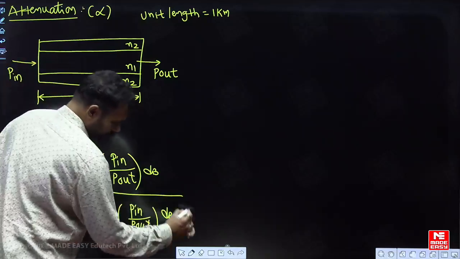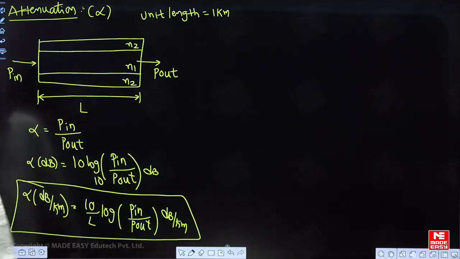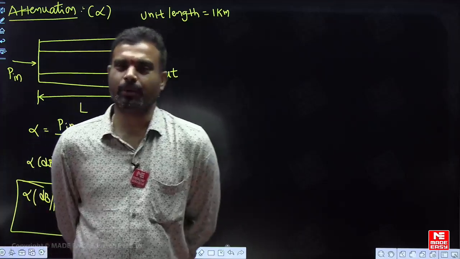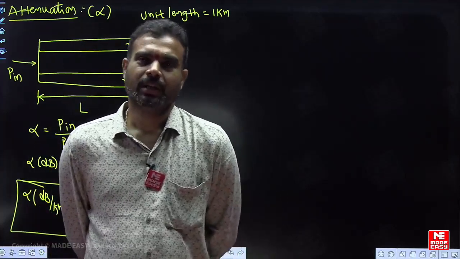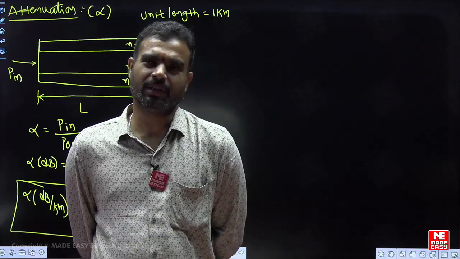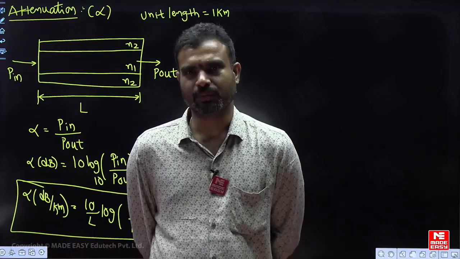So this is the formula for attenuation. Because the fiber optical cable is a link, if you define it for 1 kilometer, the same attenuation has to be present for 100 kilometers of link also.